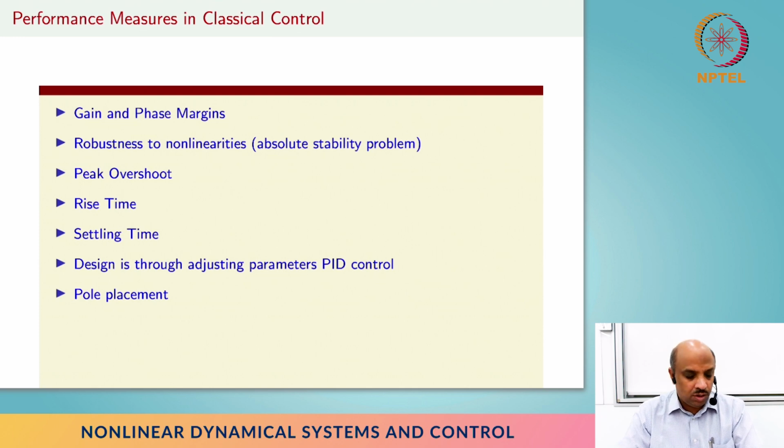And a lot of these properties or measures are actually directly related to where the poles of the closed loop are placed. So in general, people looked at techniques of what they called pole placement, and it's not perfect science, but today, for example, in the presence of things like MATLAB, we can actually do a wonderful job in terms of placing the poles anywhere we want.